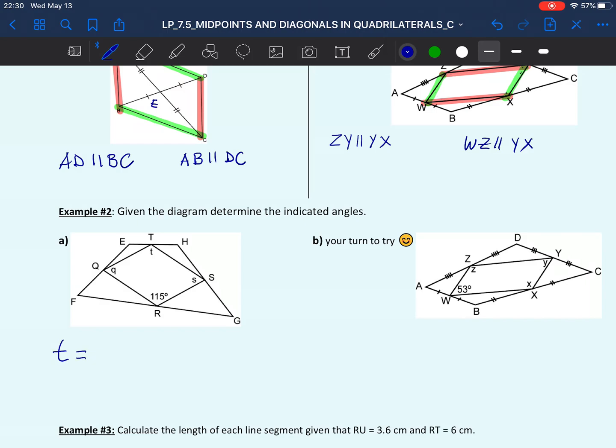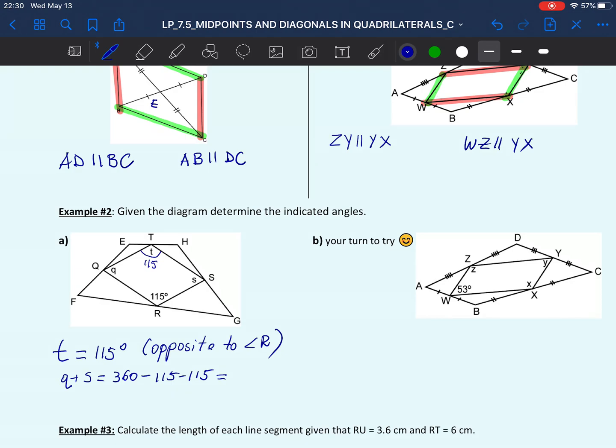So that will make angle T equal to 115 degrees as well, because it is opposite to angle R in the parallelogram. So with T 115 degrees and R 115 degrees, there are 360 minus 115 minus 115 left for Q and S. So we'll write Q plus S equals 360 minus 115 minus 115, which is minus 230.